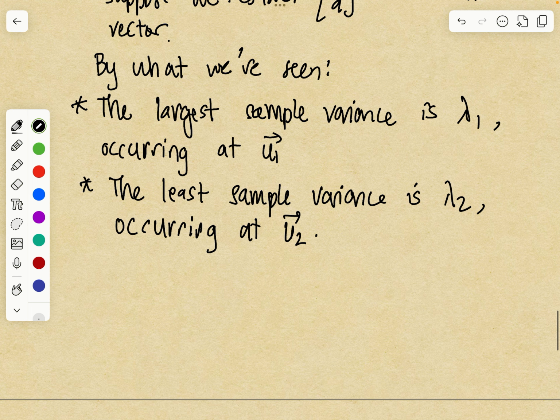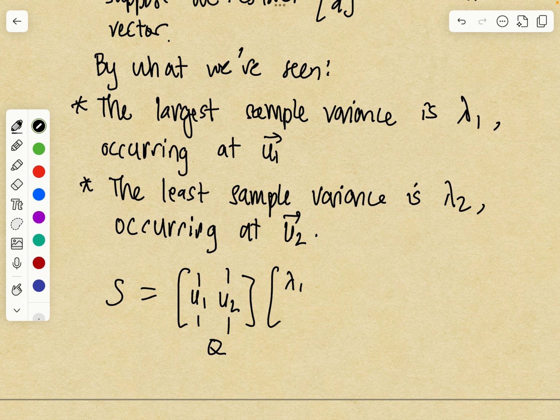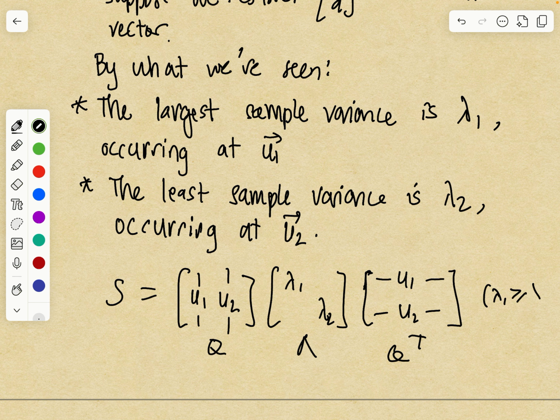This is where we write S as Q lambda Q transpose, where lambda 1 is greater than or equal to lambda 2.